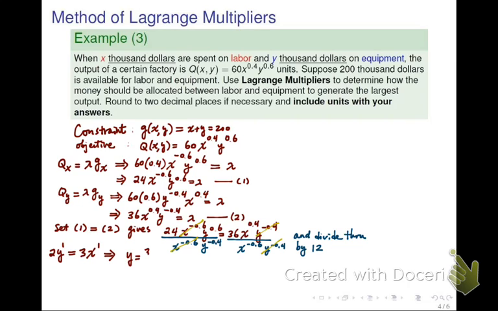So this was a very successful operation to do, because then what we have here is a function of y in terms of x. You can write y in terms of x as 3/2 times x. What's good about this is that we can use this relationship to plug back into the constraint function. So now if you go back to the constraint function, which is x plus y equals 200, we're going to replace the y term with the 3/2 x.